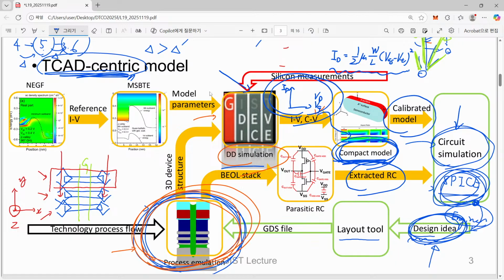Then you can trust the simulated result, and based upon this simulated result, you can also reiterate this scheme. Once again, if we have the real silicon data, then that should be done with the real silicon data. However, even in that case, we have limitations of time and resources.